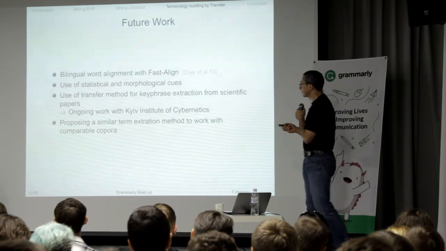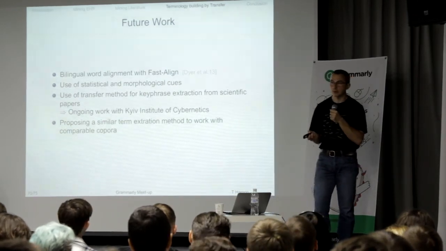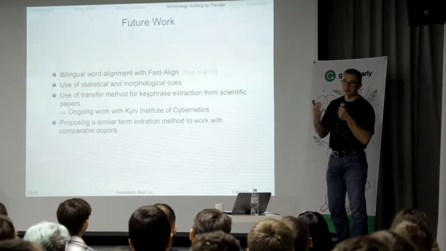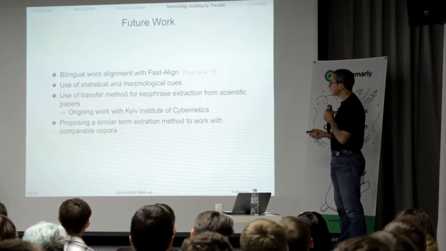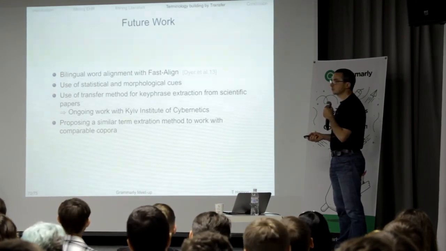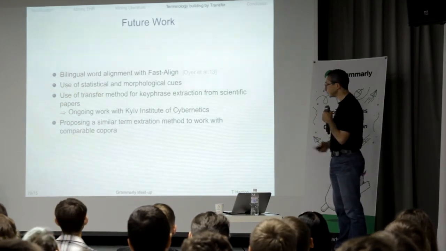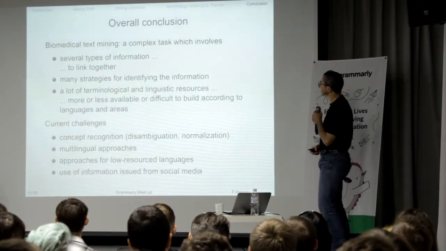The main problem here is that we need parallel corpora, and it can be difficult to have such data. So we would like to try to develop such an approach with comparable corpora, which is the biggest challenge.